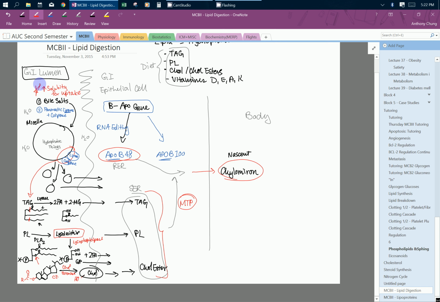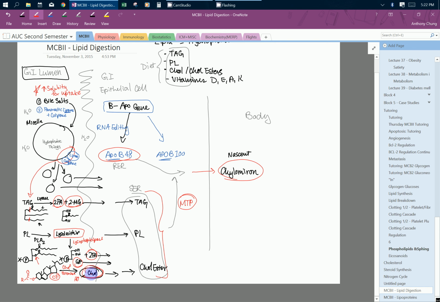So the triglyceride turns into a monoglycerol with 2 fatty acid chains. For phospholipid, it turns into 2 fatty acid chains and a glycerol phosphate. And cholesterol ester gets made into cholesterol, and then that's taken into the epithelial cell and converted back to what they were, and then everything is packaged into a chylomicron along with the ApoB48.